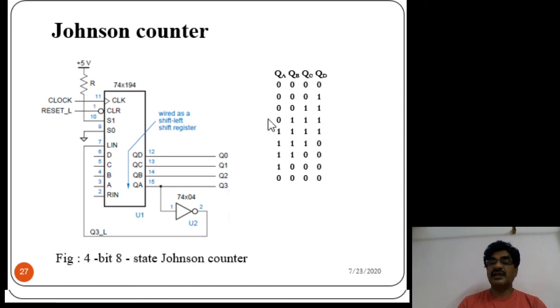Like that, the data moves 1 bit position towards the left each time, and each time the QD position is occupied by the complement value of QA, so we get this type of pattern. This is called the Johnson counter.